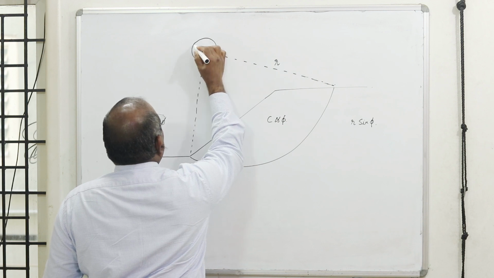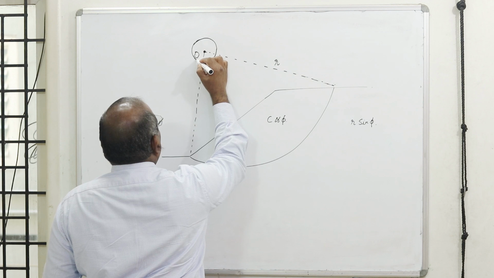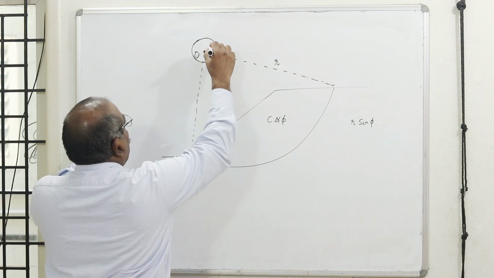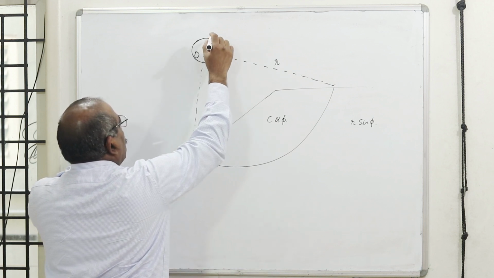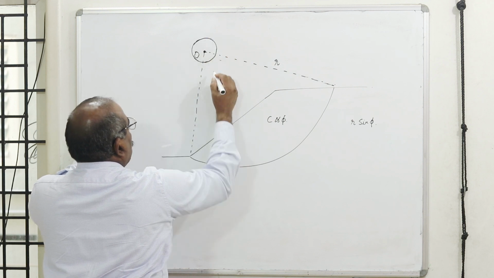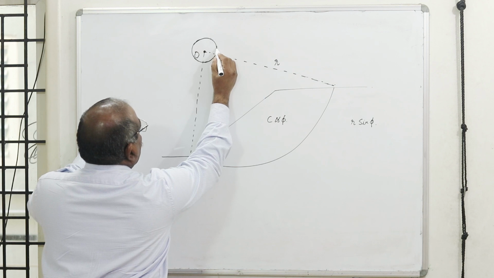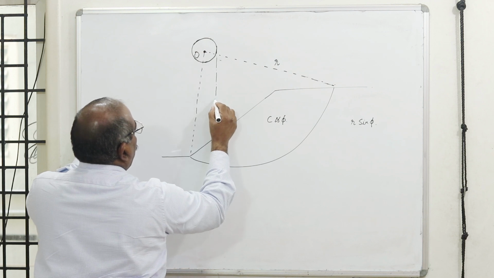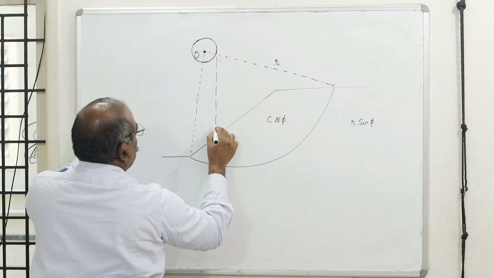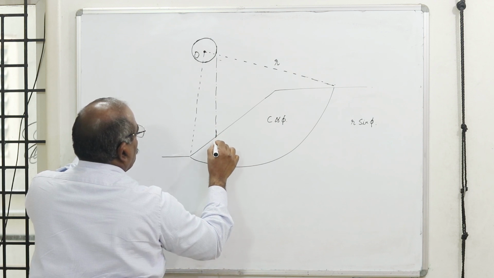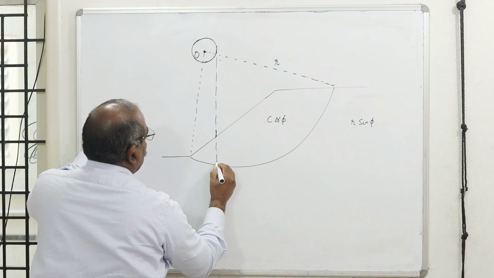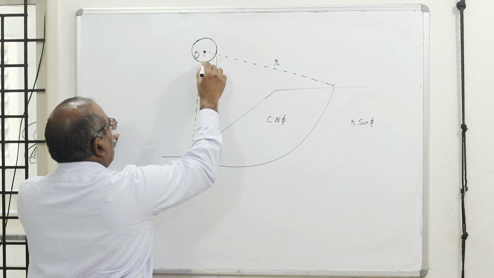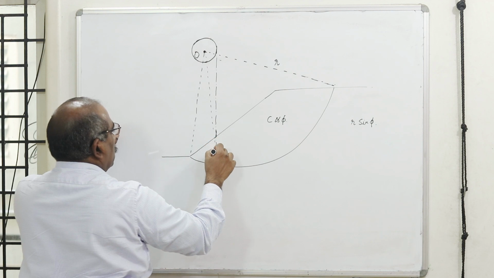Now the premise is that if I draw a line tangent to the friction circle, and then a line passing through the center, that will be the normal line.